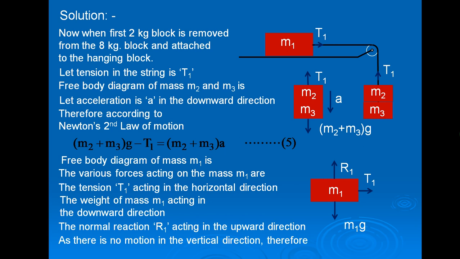As there is no motion in the vertical direction, therefore R1 is equal to m1g. Let it be equation number 6.